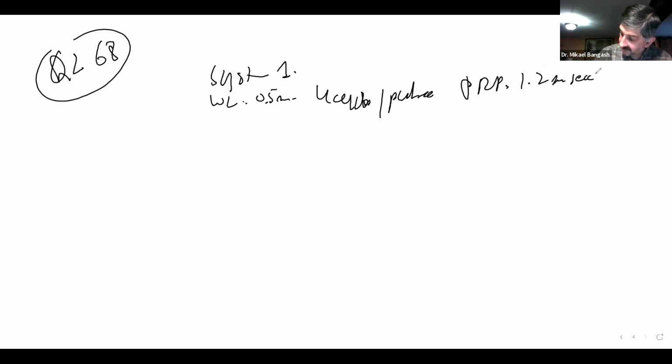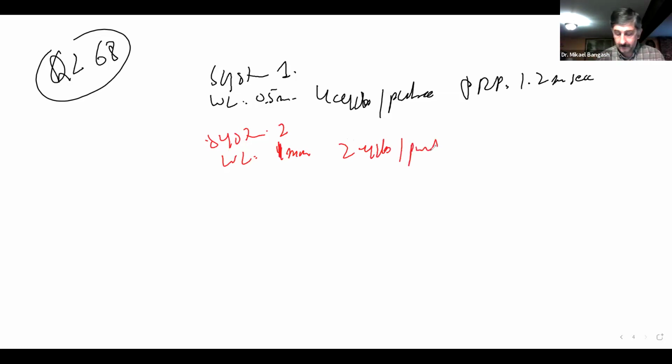The pulses from system 2, now what do they have? A wavelength of 1 millimeter, 2 cycles per pulse, and a pulse repetition period of 1.8 milliseconds.